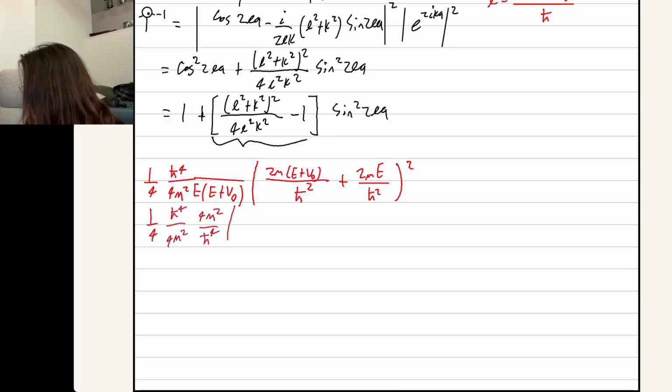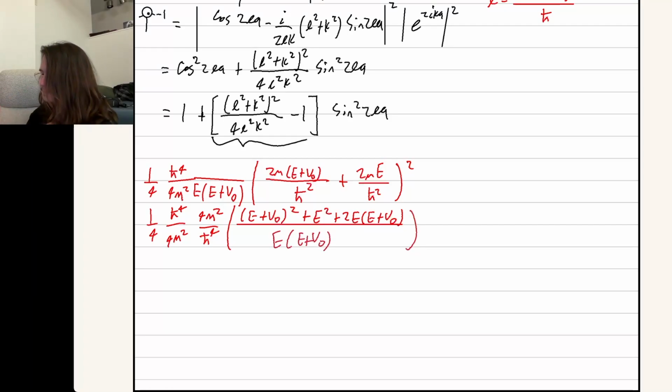And then we're going to have a fraction, which is just (E plus V naught) plus E, all squared, and that's going to be over E times (E plus V naught).